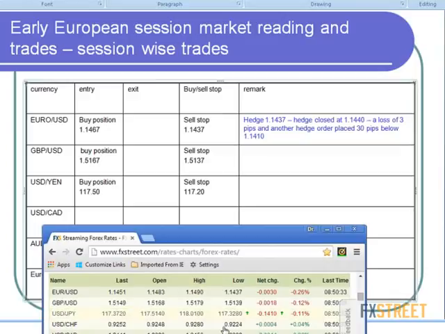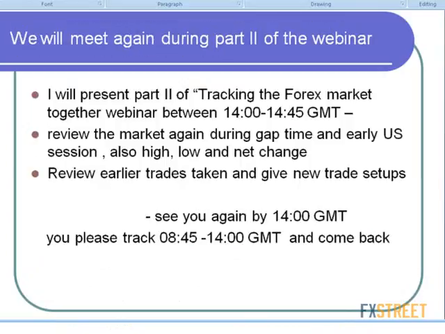And then subsequently, exit is important. I entered in the early session, so in the late European session I will exit out of the positions with profit. I will show you how that is done during part 2 of the webinar. So please come back by 14 GMT, track the market from 8:45 to 14 GMT, and I will show you what happened to those positions.